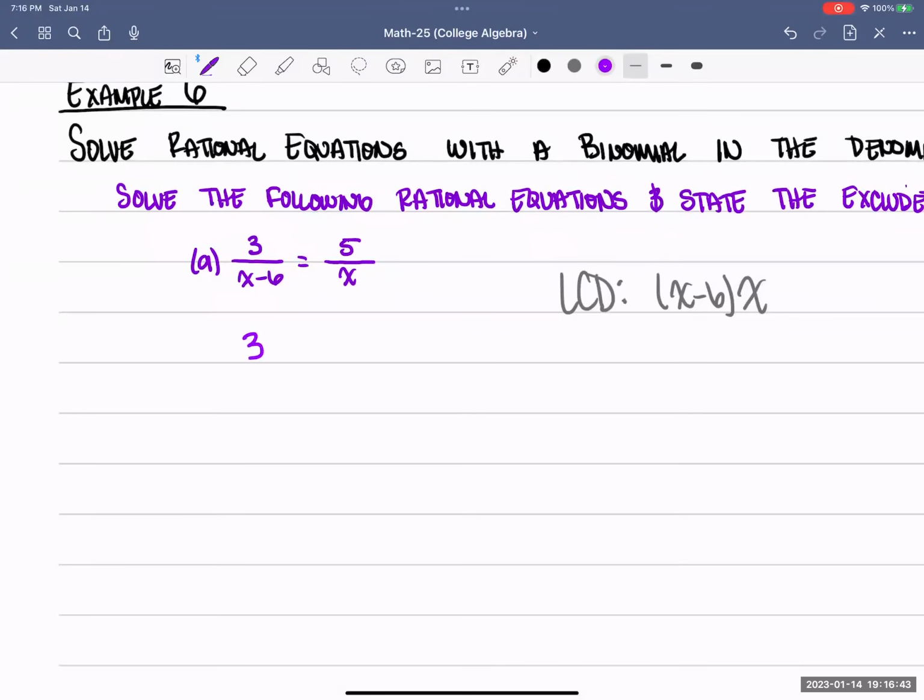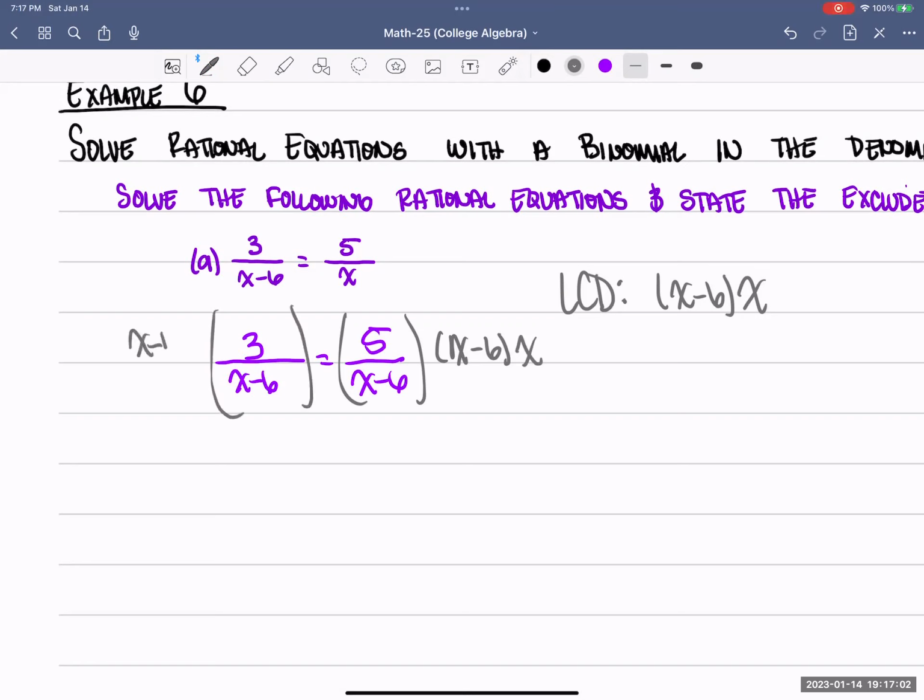So 3 over x minus 6 is equal to 5 over x, and what we're going to do here is multiply by our LCD, x minus 6 times x, on both sides.